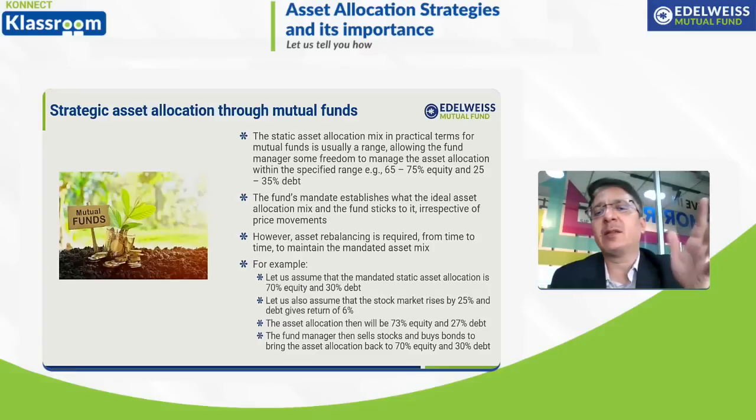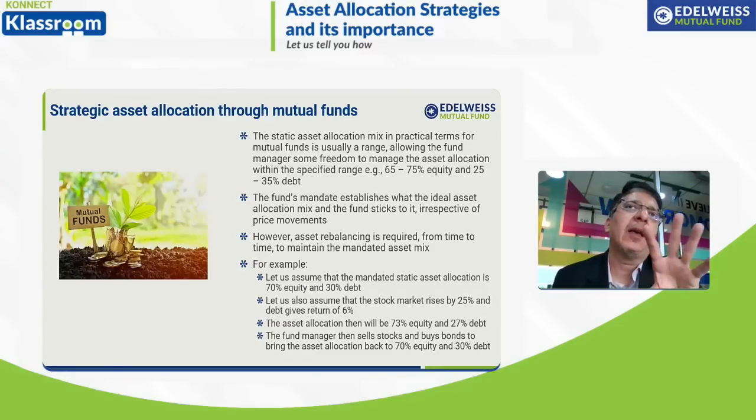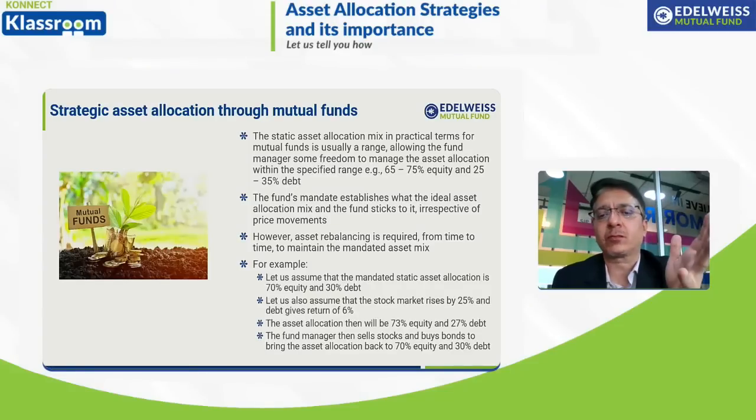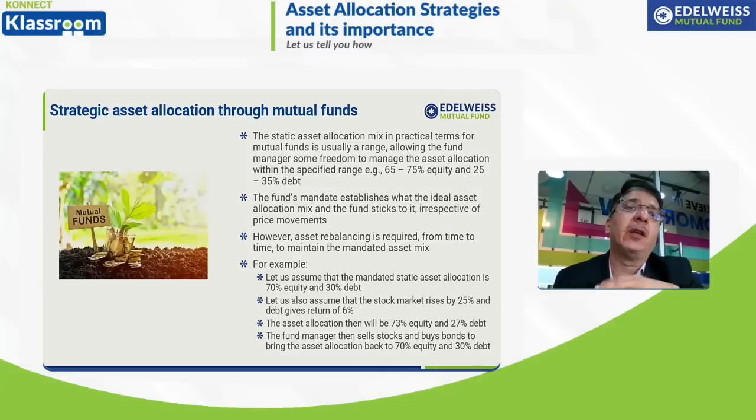So if this is how it is done, when let's say equity markets rise and debt markets also give certain returns and the asset mix changes, then there will be something known as rebalancing, which the fund manager will do. So in mutual funds, although it is a strategy set, there is an element of rebalancing which comes in. If you deploy this strategic asset allocation on your own, the big grudge a lot of people have is that it is static.